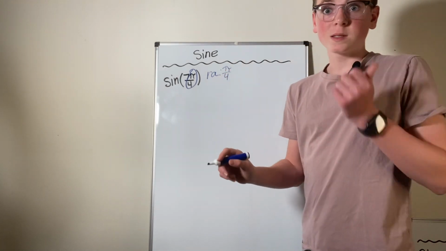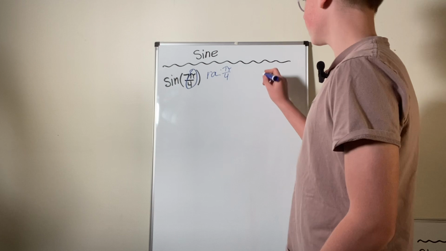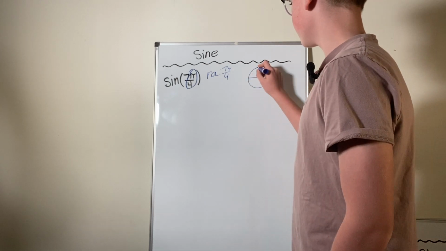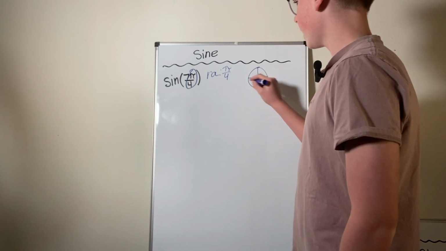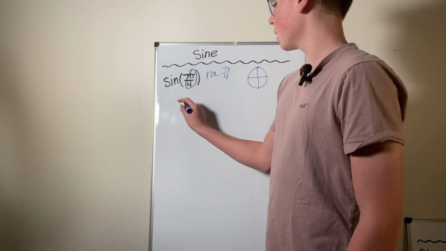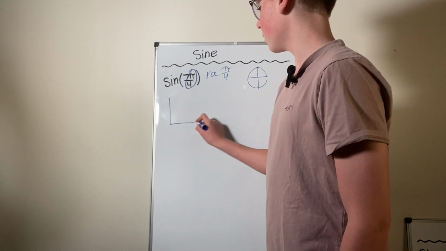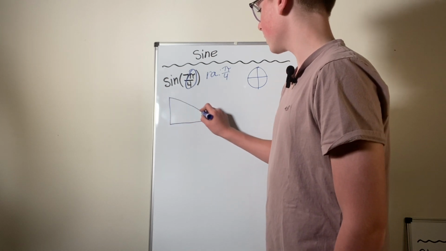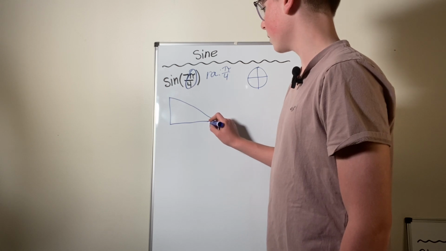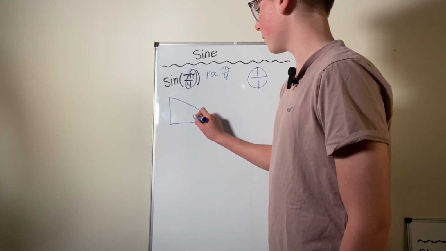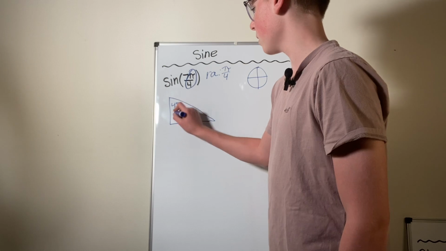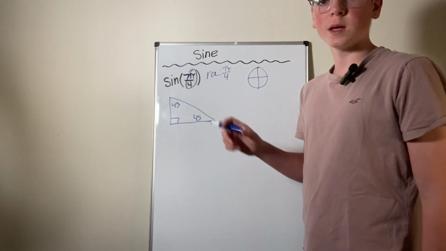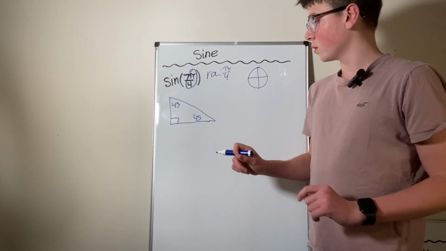Now, sine of pi over 4, well, if you need it on the unit circle, we'll do unit circle later. Pi over 4 is put into the 45, 45 right triangle.